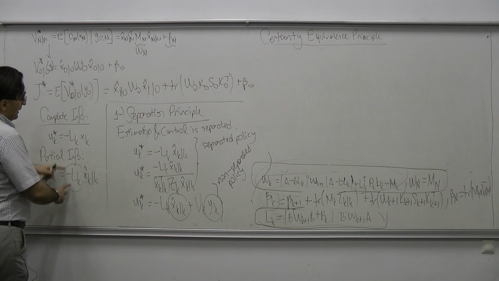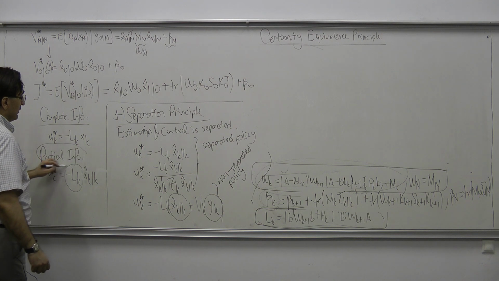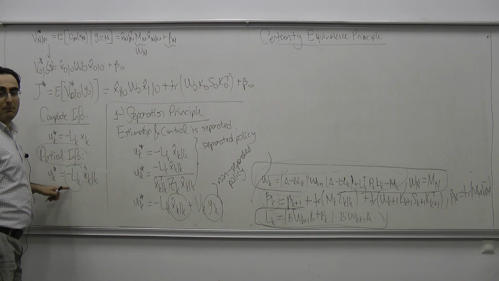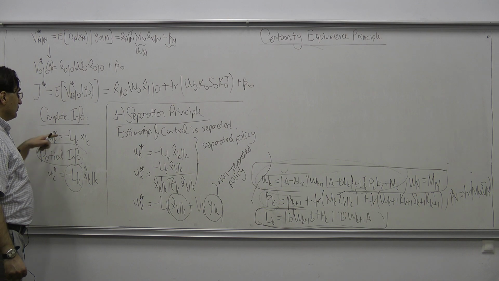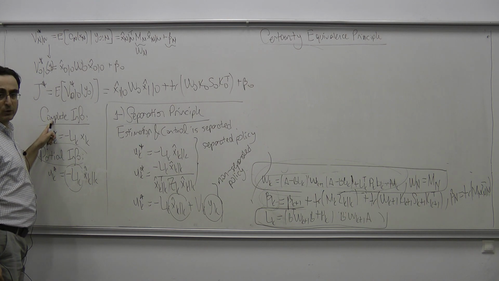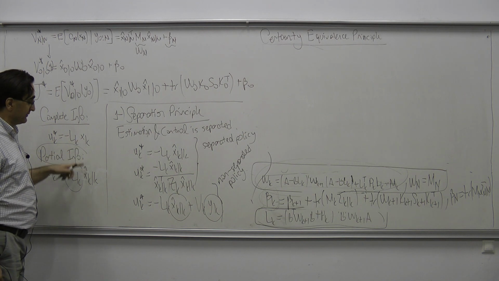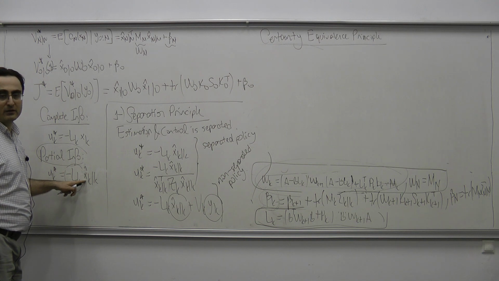Okay? What is the certainty equivalence principle? Here we see that the actual control law is not changing. These LKs are not changing, but in the partial information case, we are applying a control exactly the same as in the complete information case, except that we replace the exact value of xk with x at k given k.